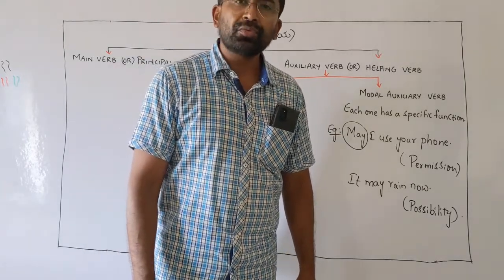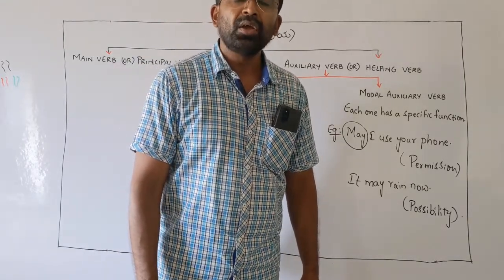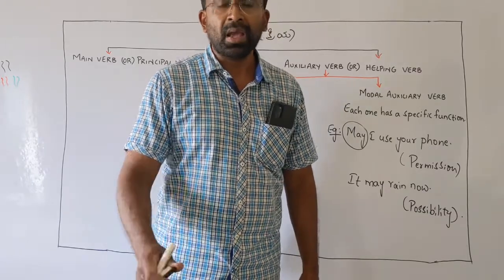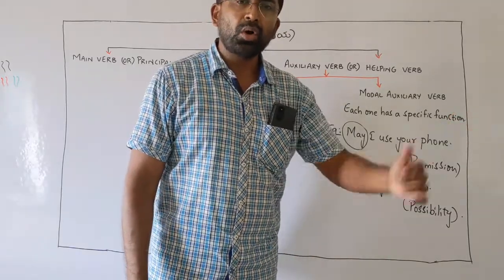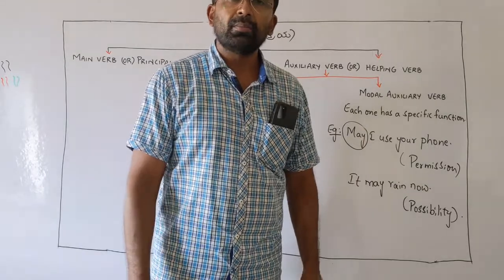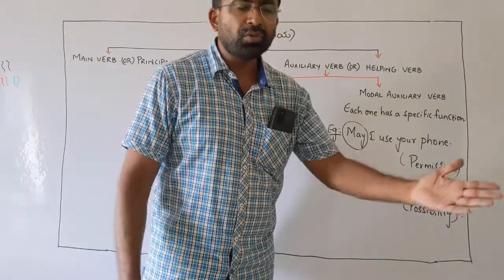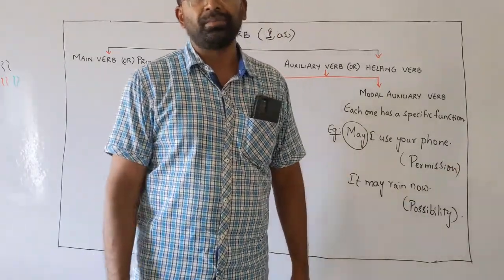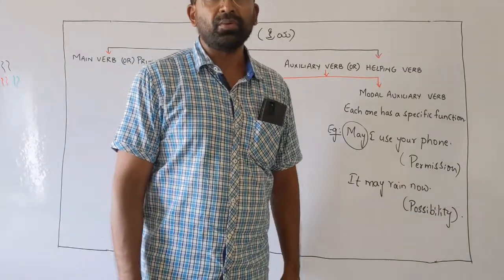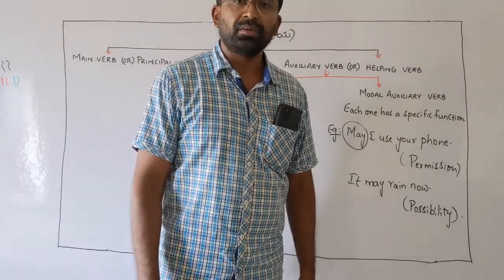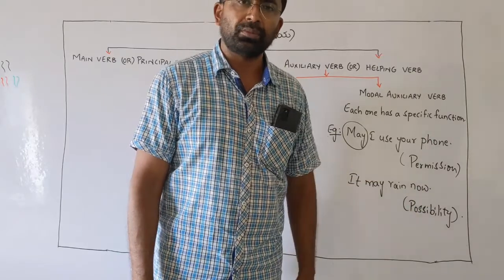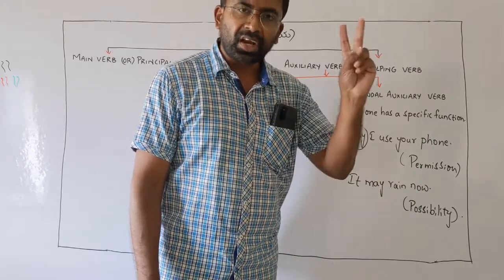May I use your phone? May I come in? May I go out? May I sit here? May I take a break? Yes, you may use my phone. Yes, you may sit here. That is taking or giving permission.